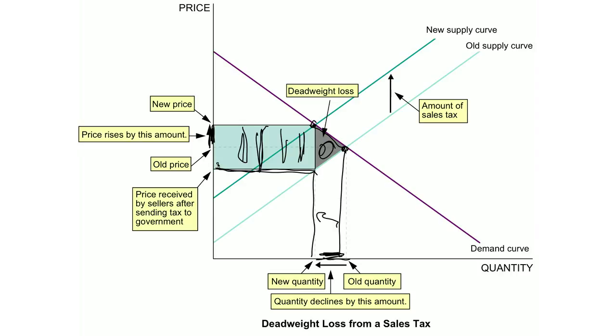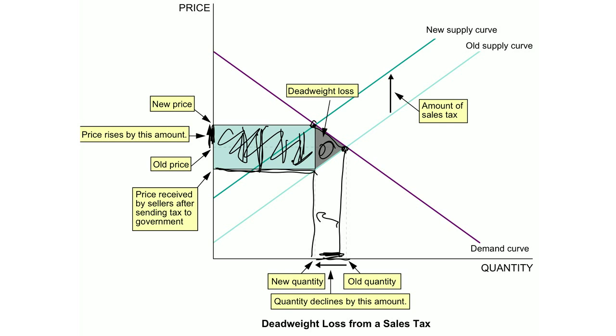So the tax times the number of wheelchairs sold represents the total revenue to the government, and it's basically the lightly shaded area there. So that represents not only the deadweight loss, but also the revenue to the government. The revenue going to the government is, of course, not a deadweight loss. That's a transfer. But the real loss of production, which creates the deadweight loss, is because the production has moved down.